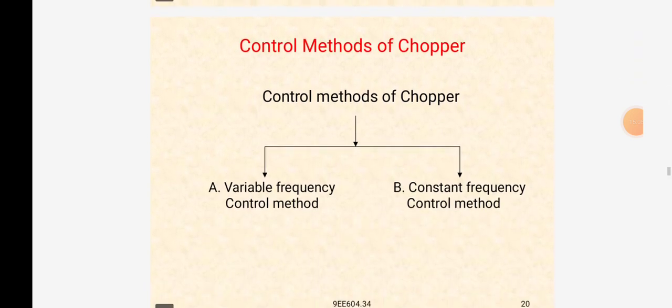Control methods of choppers. The voltage control method of chopper is of two types. First is the variable frequency method and second is the constant frequency method.